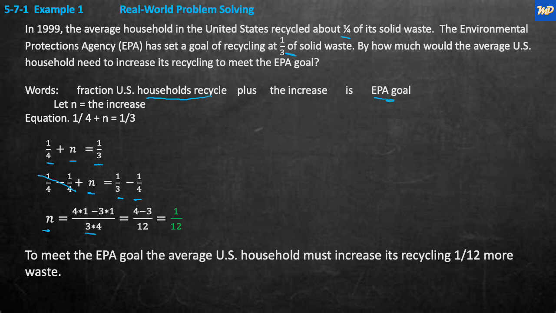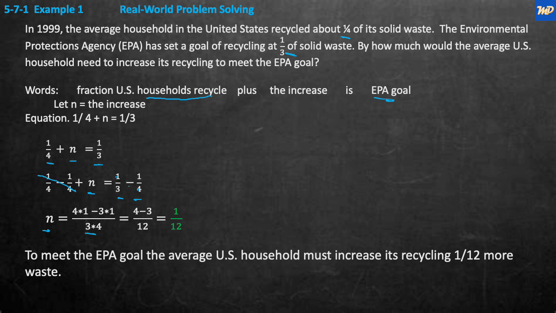And then we're going to take the numerator of the third and multiply it by the denominator of the other fraction, which is the fourth. So 4 times 1, here's the 1, here's the 4. 4 times 1 minus 3 times 1.